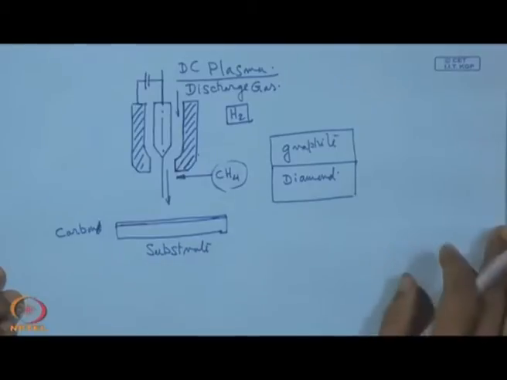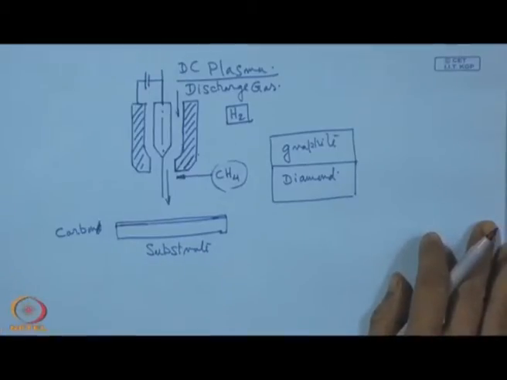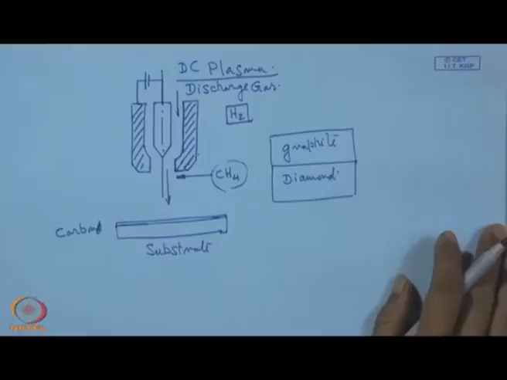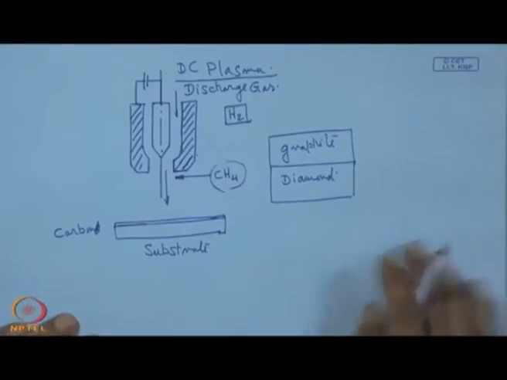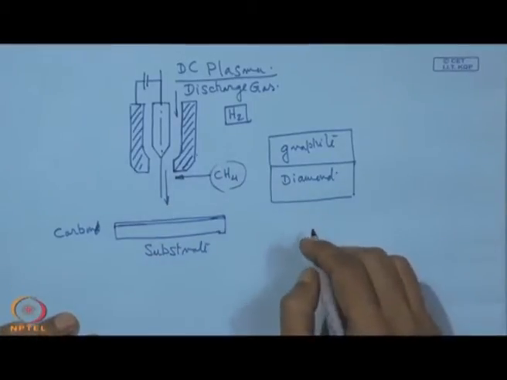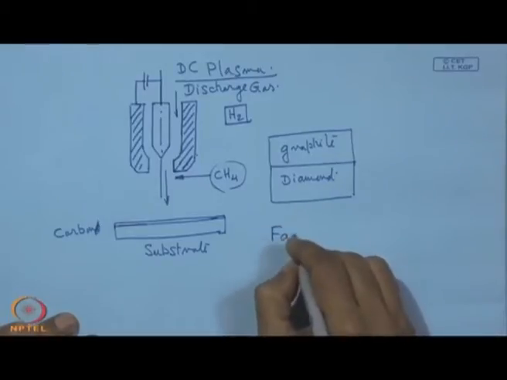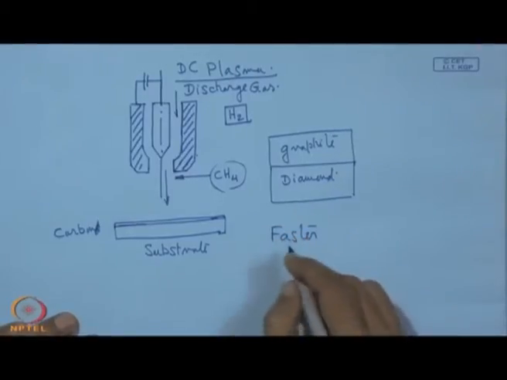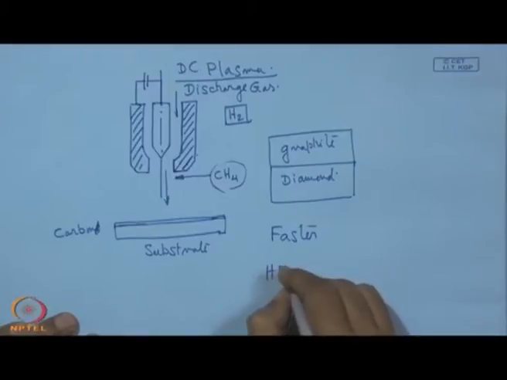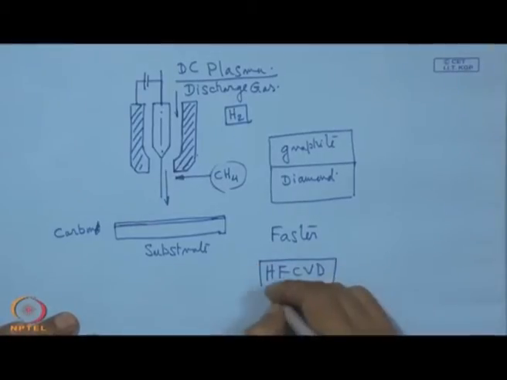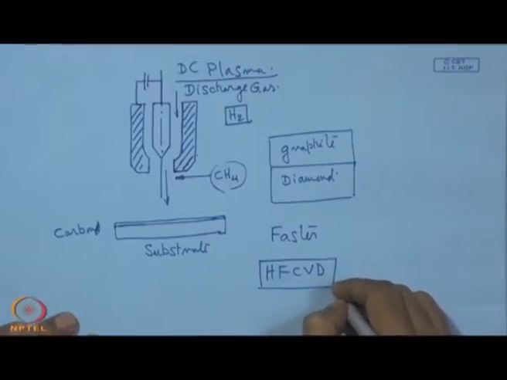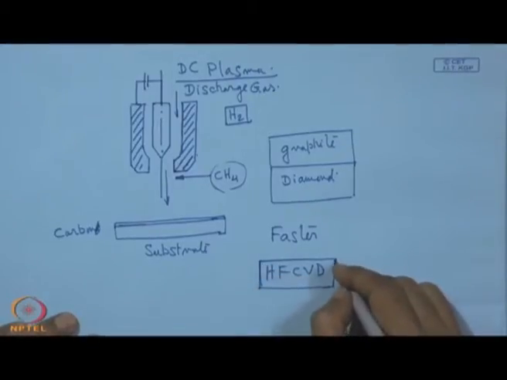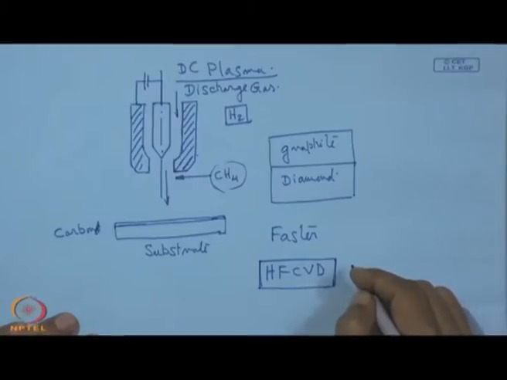Now, in contrast to hot filament CVD, this DC plasma discharge process, the diamond formation process, is a faster process compared to the hot filament CVD process. So, this is a process of immediate interest for diamond deposition.